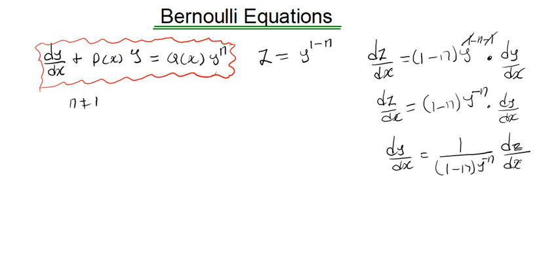And you observe that here I have y to the power negative n. I can make that a positive by saying, okay, my dy dx will be equals to y to the power n divided by 1 minus n.